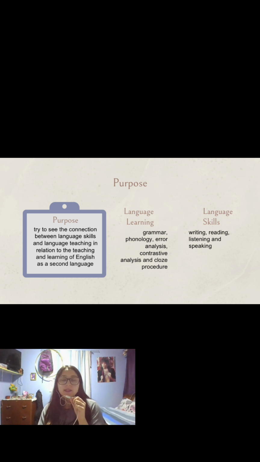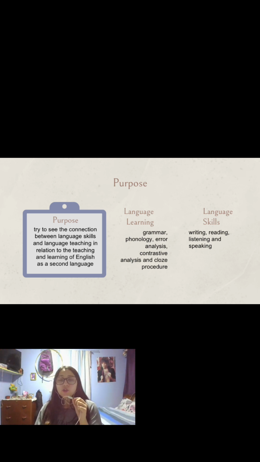First of all, it is necessary to mention that the four language skills are speaking, listening, reading, and writing. And these are useful for any kind of tongue. For example, first language, second language, foreign language, mother tongue, etc. These four skills are always present in a language.